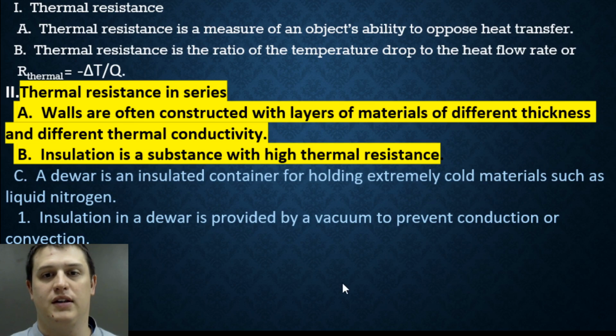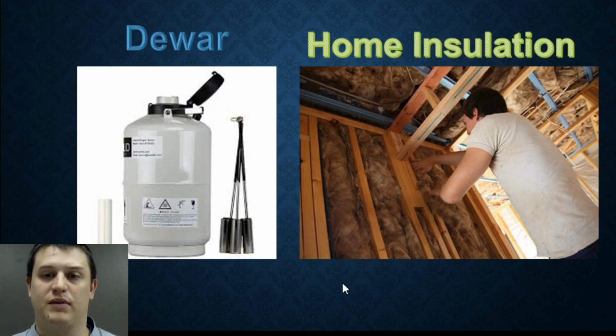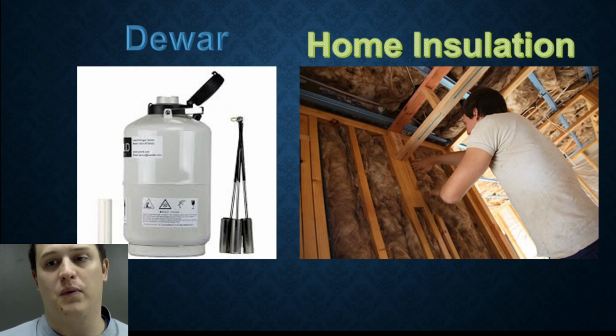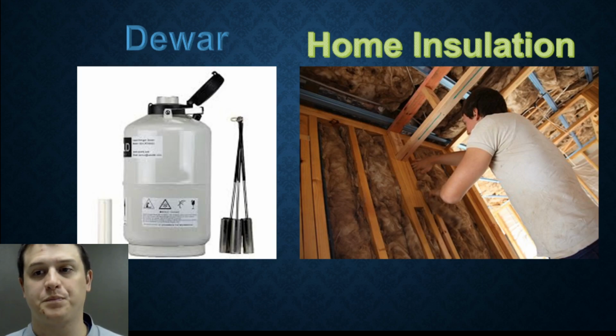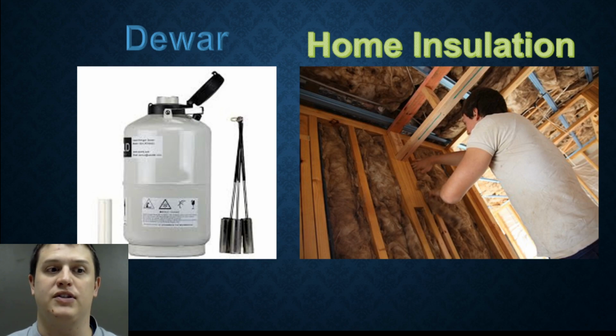So here we go. Look at this. Here we have two examples. The home insulation. This guy's using a higher value insulation. He's stuffing it into the walls, and you can see it in the roof as well. So you just push it into the walls in between the 2x4s or 2x6s, 2x8s, whatever you use for your studs in a house, and in your roof. And if you're living in a second story, you can even have it in between the stories as well. So you just push it in there, and it causes a barrier for the heat, instead of getting into your house.